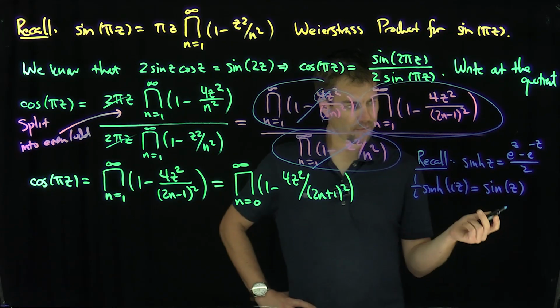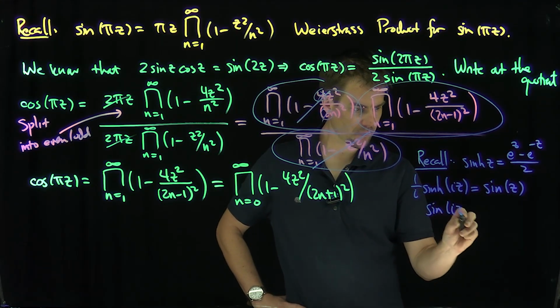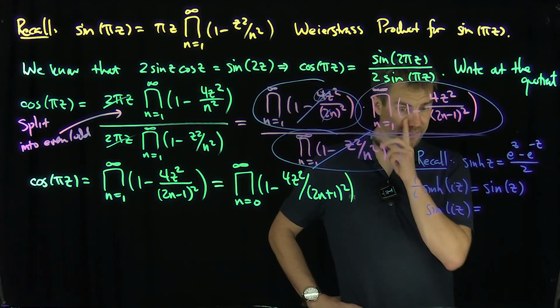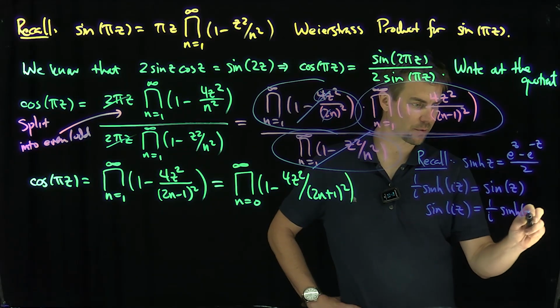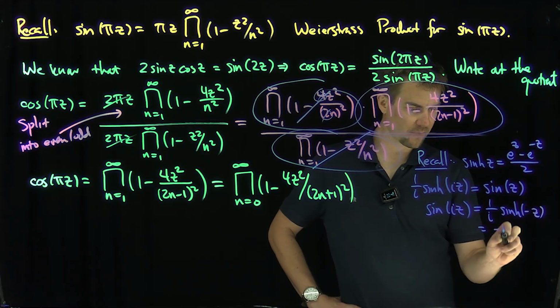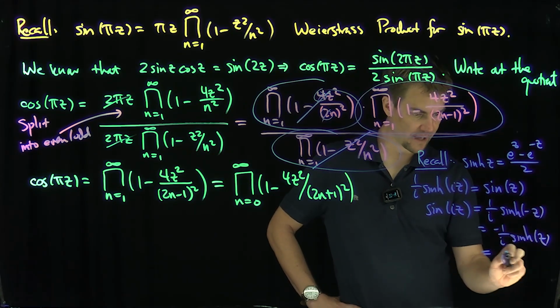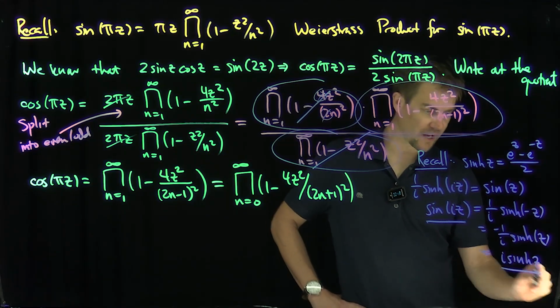Therefore, the sine of iz is 1 over i times the sinh of negative z, but the sinh is an odd function, so that becomes negative 1 over i sinh of z, but 1 over i is just i, so that's i sinh of z. That's a fundamental idea: the sine of iz is just i sinh of z.